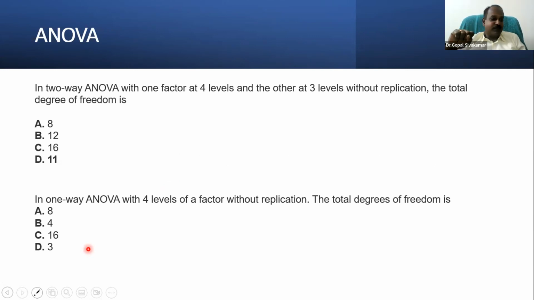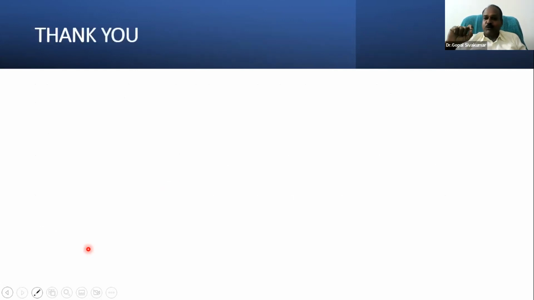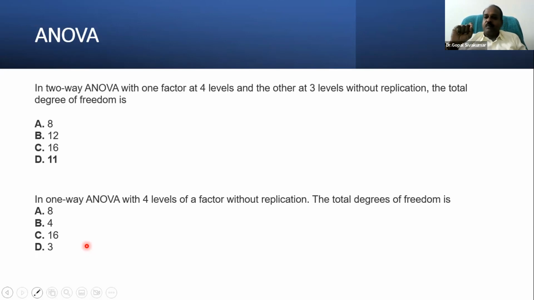This question is only for the black belts. The total number of experiments can be obtained by a formula where you just have to multiply all the levels. 2 factors, so you have one factor at 4 levels, the other factor at 3 levels. 4 into 3, 12. So the total number of experiments is 12.